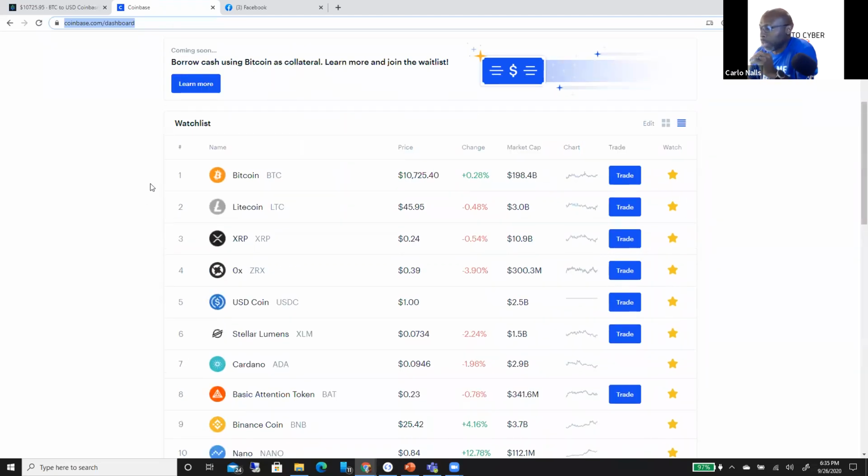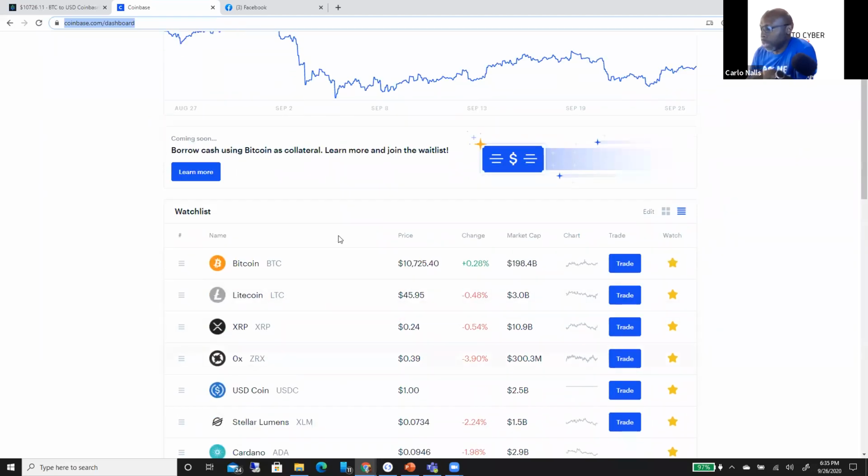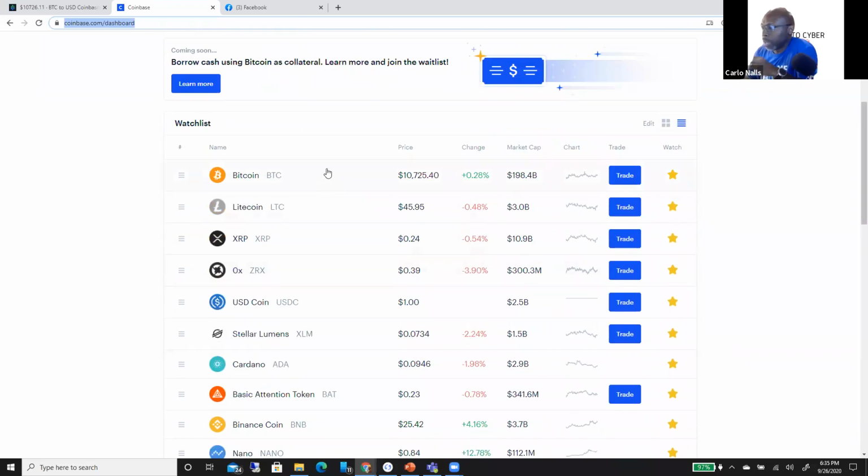They typically will jump on Coinbase and buy some Bitcoin or Litecoin, XRP, right? You have these top coins here. But what I want to distinguish today is that when you buy anything in Coinbase, you're always getting it as a market order. So you don't guarantee how much you're getting for the price that you're paying.